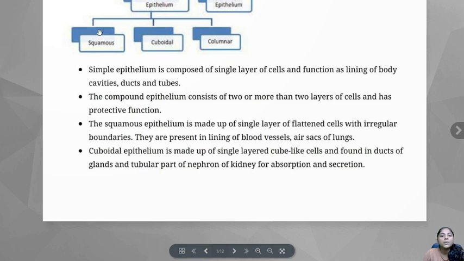Then the next type is the cuboidal epithelium, which is made up of a single layer of cube-like cells which are found in the ducts of glands and tubular part of nephron in the kidney. Now the function of this cuboidal type of epithelium is absorption and secretion.